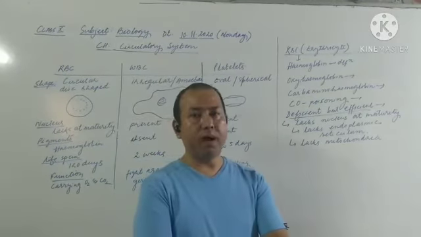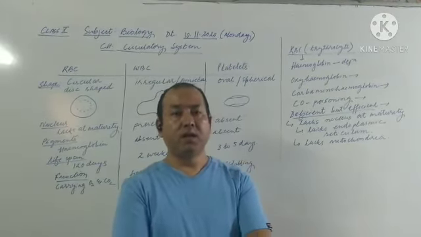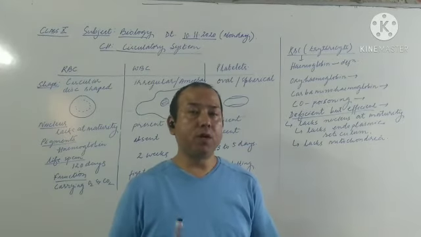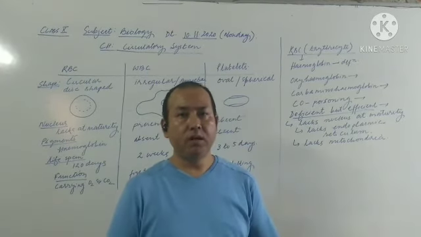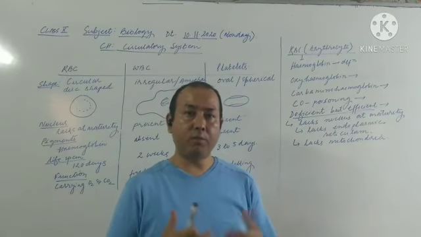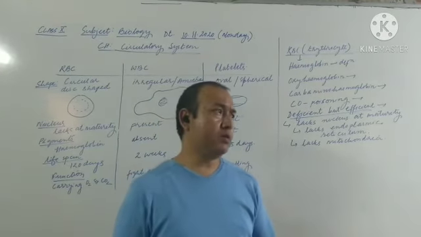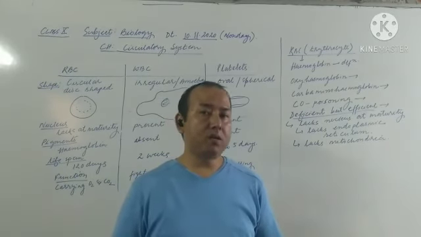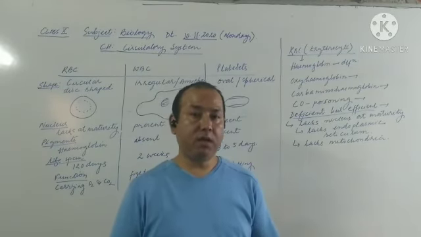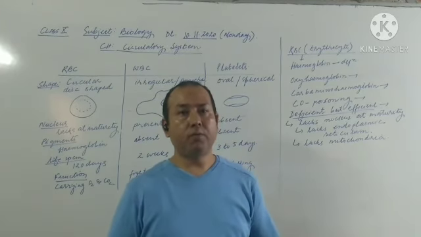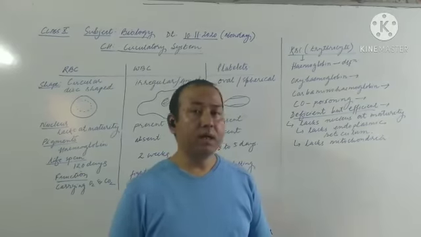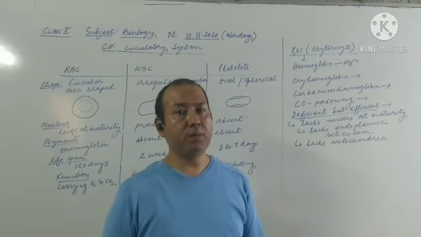Due to the absence of endoplasmic reticulum and nucleus, the surface area for carrying oxygen increases. It can accommodate more and more oxygen, so it becomes more efficient. And due to the absence of mitochondria, RBC cannot utilize oxygen for itself, so RBC becomes more suited for performing the function of carrying oxygen. That is why we say that it is deficient but efficient.